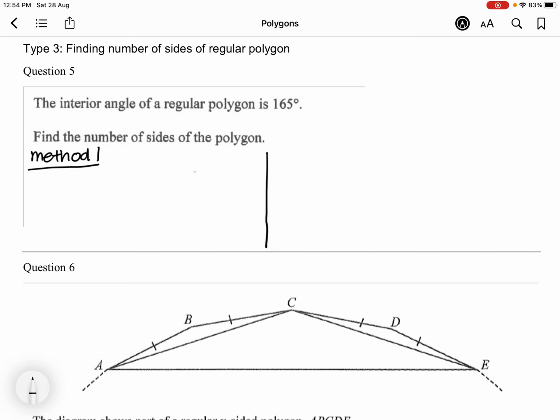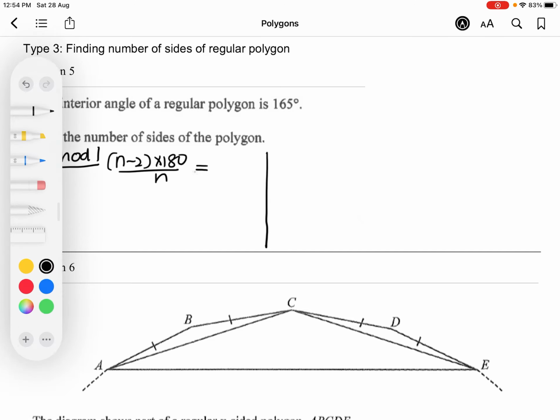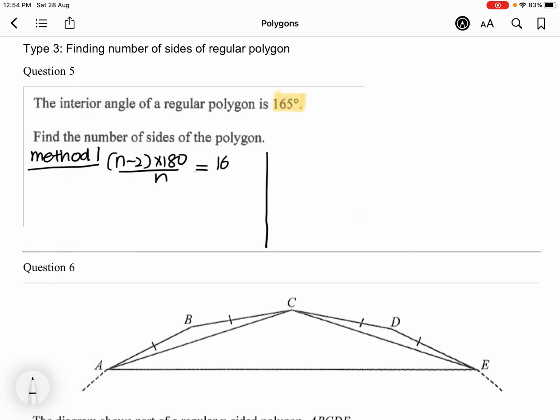we are going to use the interior angle formula itself. The formula for the interior angle is given by (n minus 2) times 180 divided by n, equals the interior angle that is given to me, the number 165.